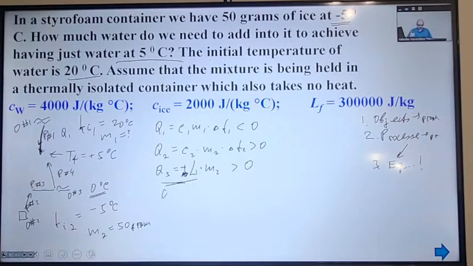And finally, the heat number 4 related to process number 4, but the object number 3 is equal to specific heat. Well, specific heat of what? Now it's water. I could have written C3, but in reality, C3 is equal to C1, water, times mass. How much cold water do we have? Well, it all came from ice, so we don't lose matter.